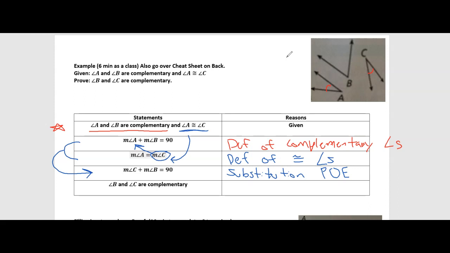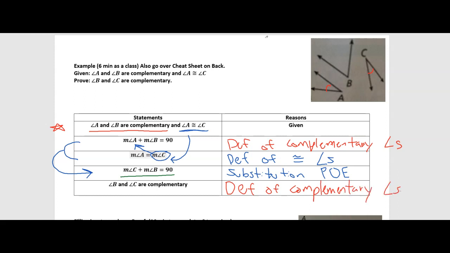All right, let's look at our last statement. B and C, those two angles are complementary. Well, how do we know that? Why are we able to write that? Well, if we know that their measurements sum to 90, then the definition of complementary says that those angles will be complementary. So, definition of complementary angles.